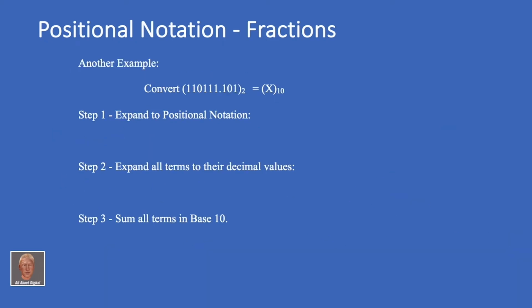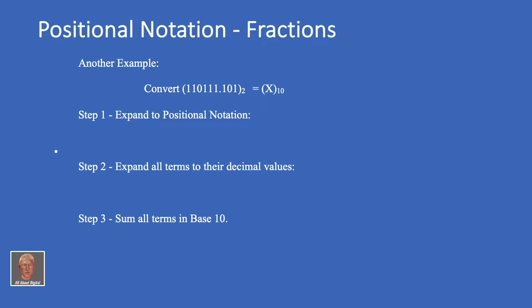Let's do another example. Let's convert 111.101 base 2 to a number in base 10. Now this number has both an integer and a fractional portion, so we're going to do both in this conversion. So let's first expand this binary number to its positional notation.